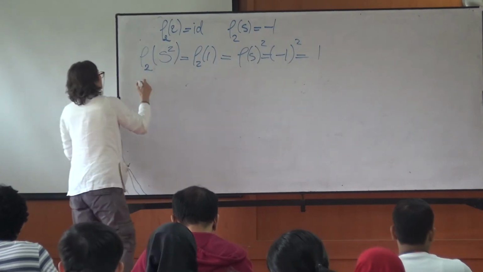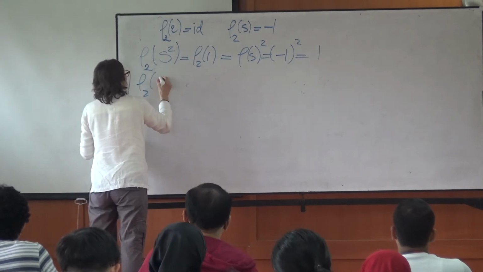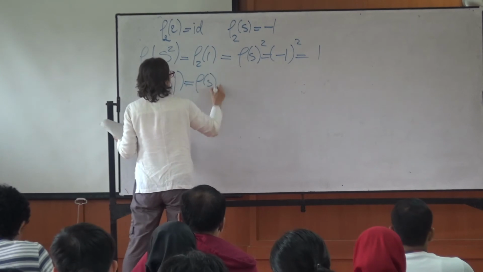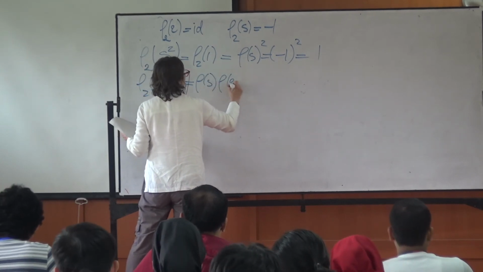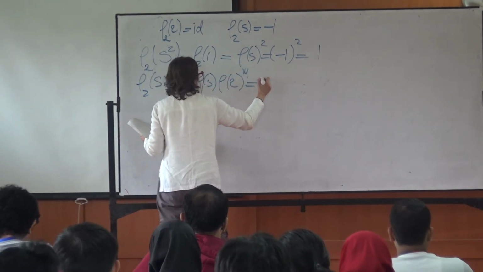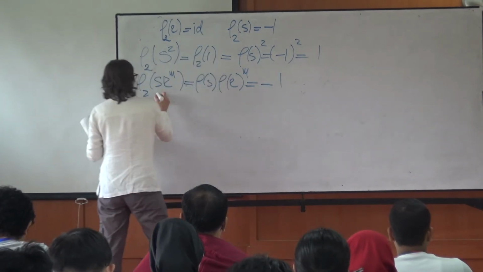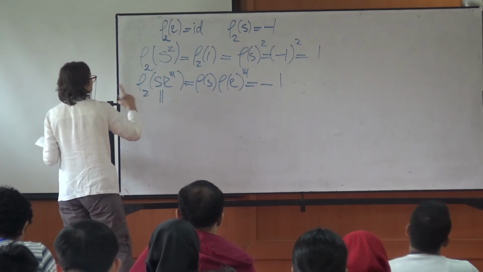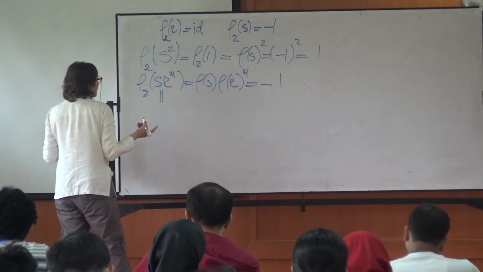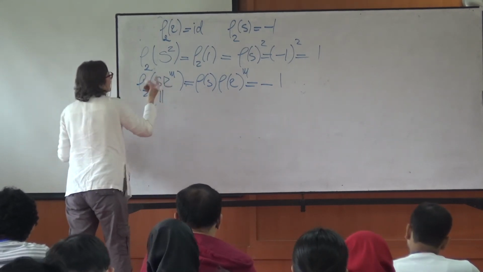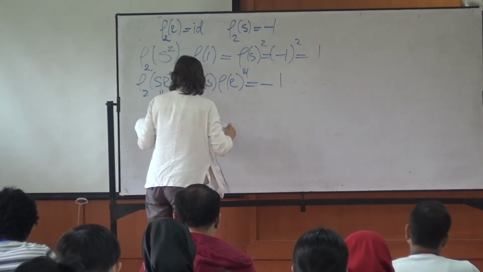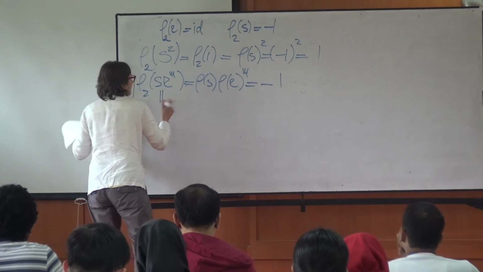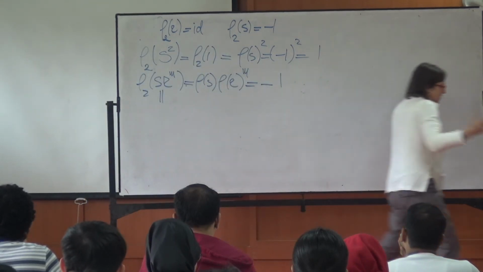And rho 2 of S R is equal to rho 2 of R to the minus 1 S, and both give minus 1. Yeah, it's compatible. It's a homomorphism.